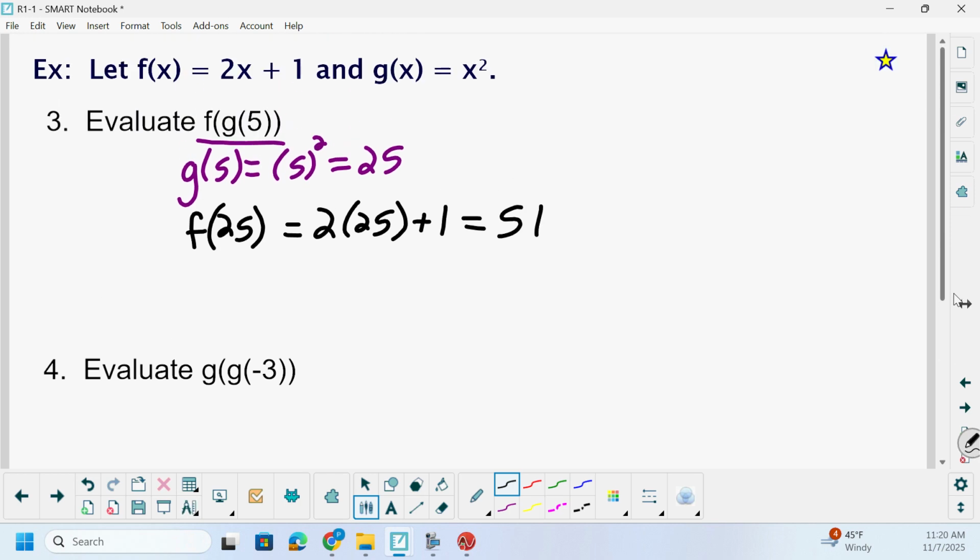Moving down to the bottom one, you can actually sub a function into itself, and that's what we're doing here. We're doing g of g of negative 3. So start with the inside. We're going to do g of negative 3. This means in g's equation, anywhere you see an x, we're going to replace it with negative 3. When something's being squared, it's important to put what you're subbing in parentheses.